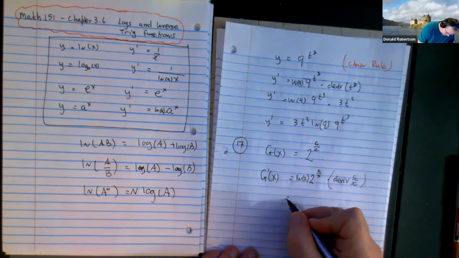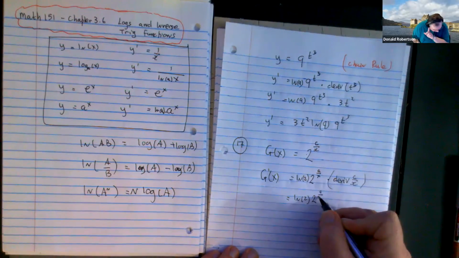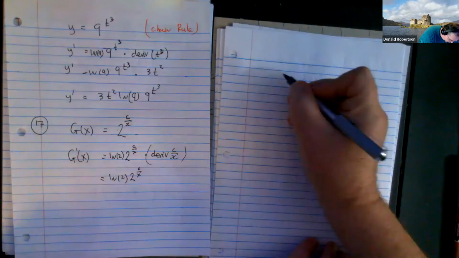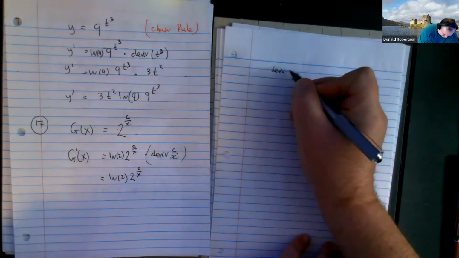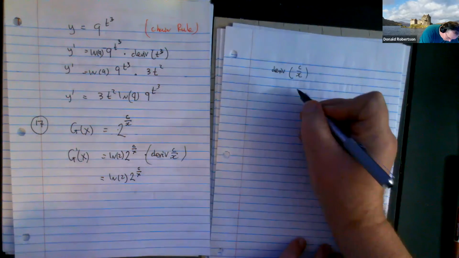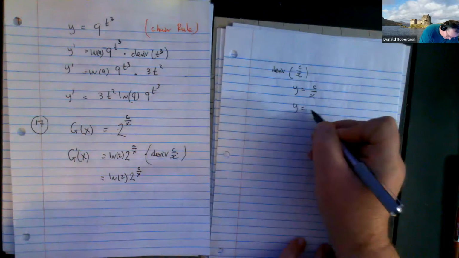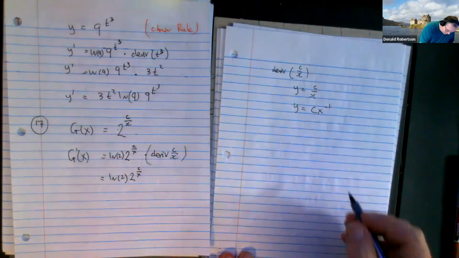So I'm going to have this guy. c is a constant. So I need to figure out how to find the derivative, so I'm going to do it over here, of c over x. Well, if I call it y equals c over x, I could rewrite it like that. And so to differentiate it, I can use the power rule.